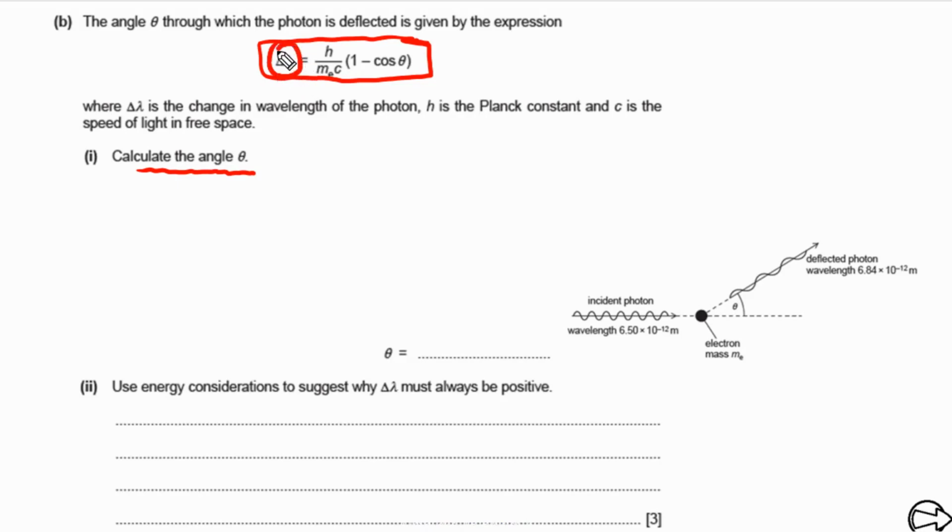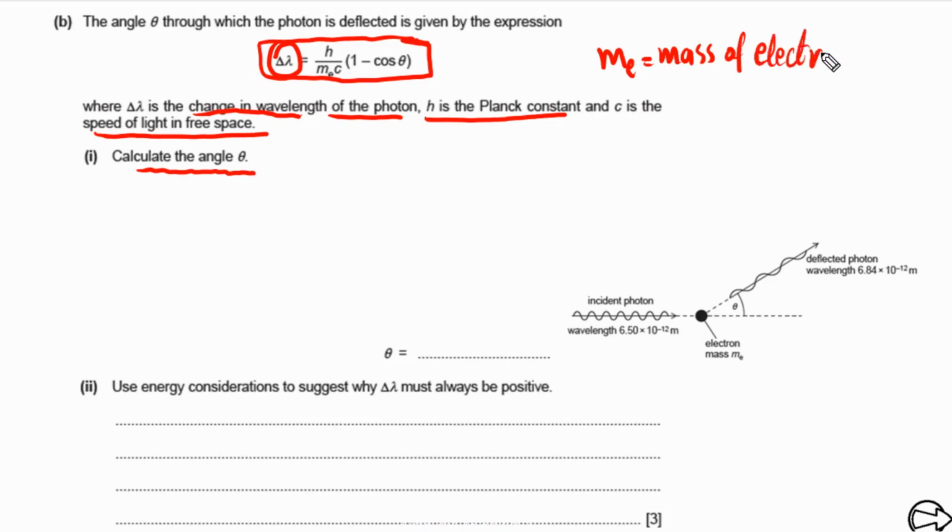Delta lambda is given to us, this is the change in wavelength of the photon. h is Planck's constant, c is the speed of light in free space, and me is the mass of the electron, which we can also find in the data table.